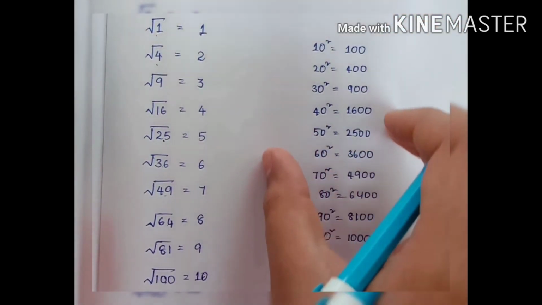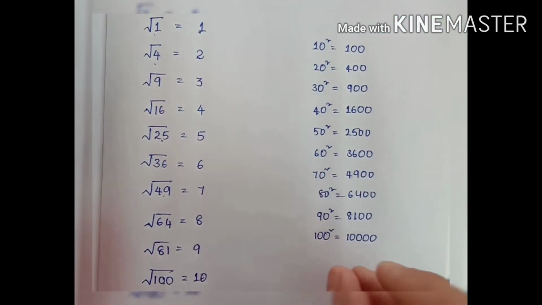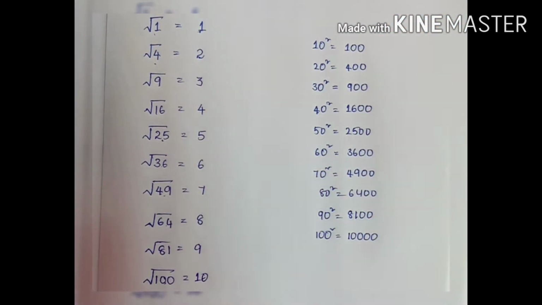These are the squares of the numbers that we need to have in our mind in order to find the square root of multiple digit numbers.